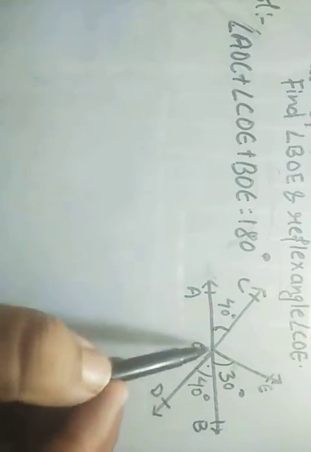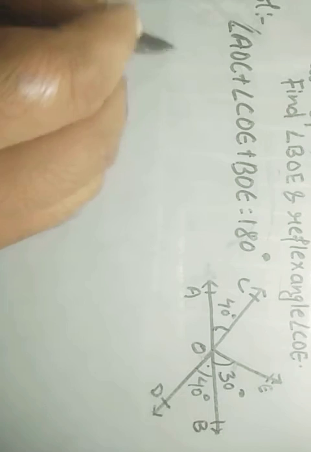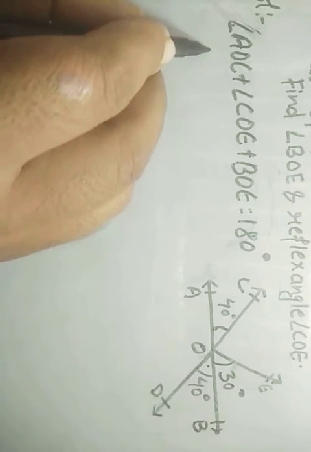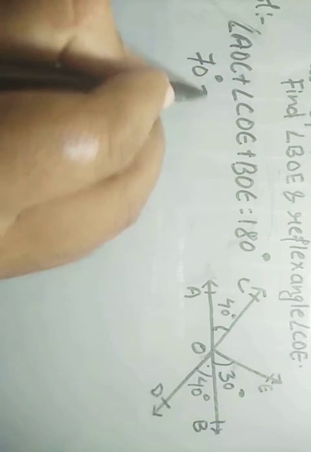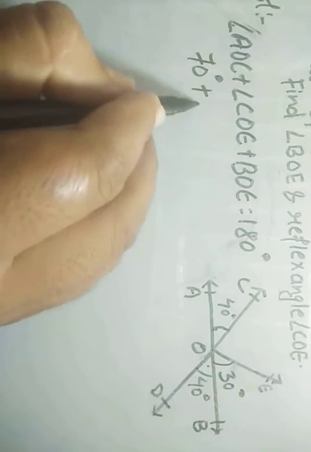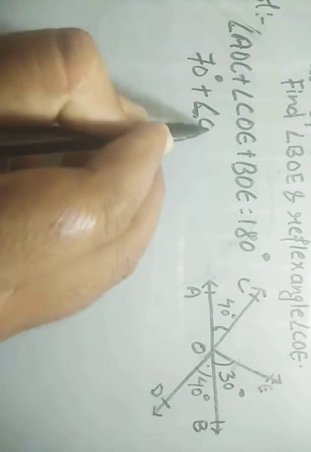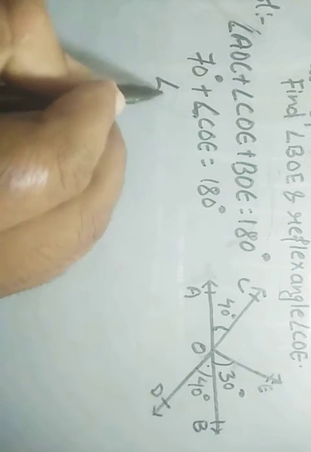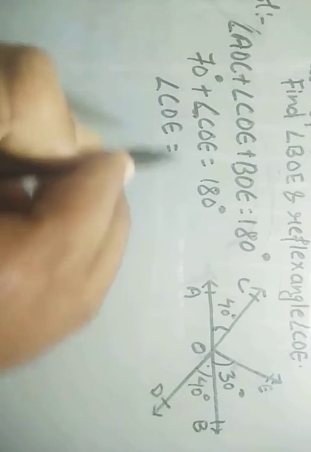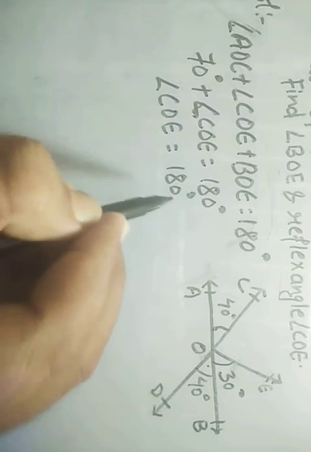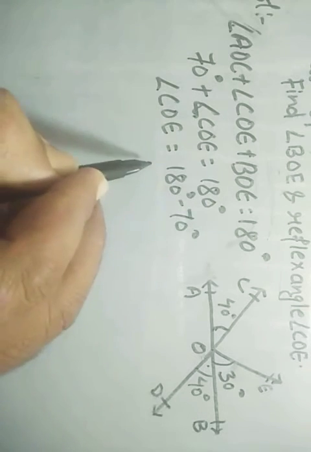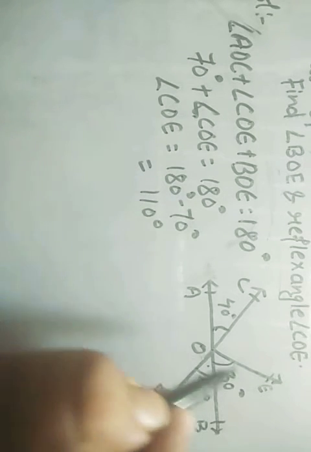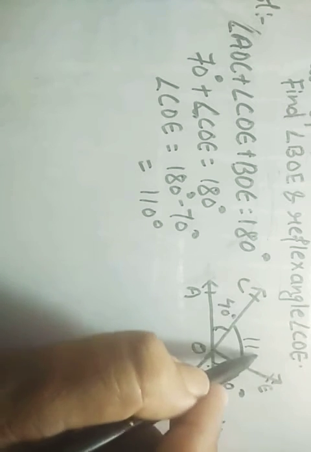It is given that angle AOC plus angle BOE is equal to 70 degrees. So putting the value 70 degrees here, we get angle COE. After further solving, angle COE is equal to 180 minus 70 degrees, which is equal to 110 degrees. So this angle is 110 degrees.